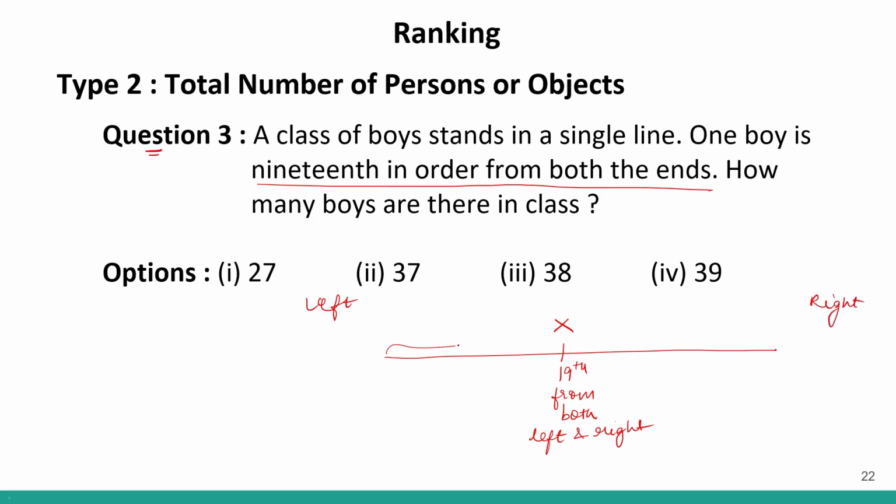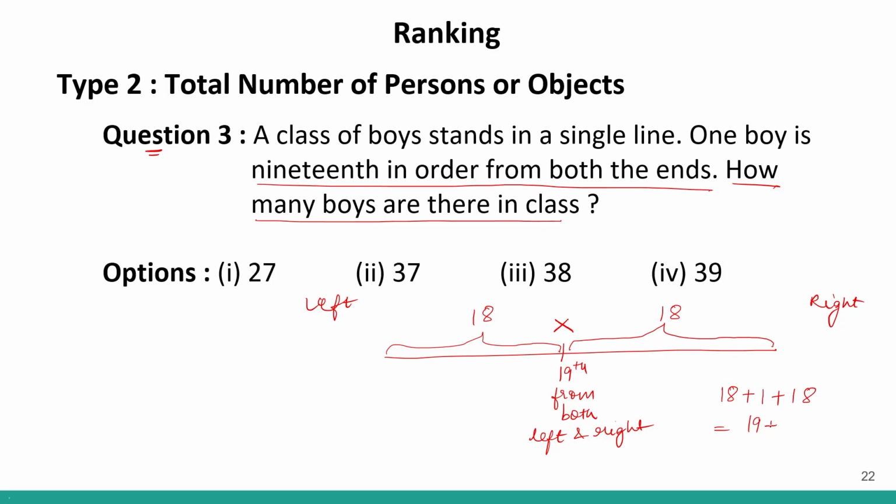So over here, how many students will we have? We'll have 18 here, and over here we'll have 18 students, correct? He is 19th from both the ends. We have to find out how many boys are there in the class. So simply, the number of boys will be 18 plus 1 plus 18. Correct?